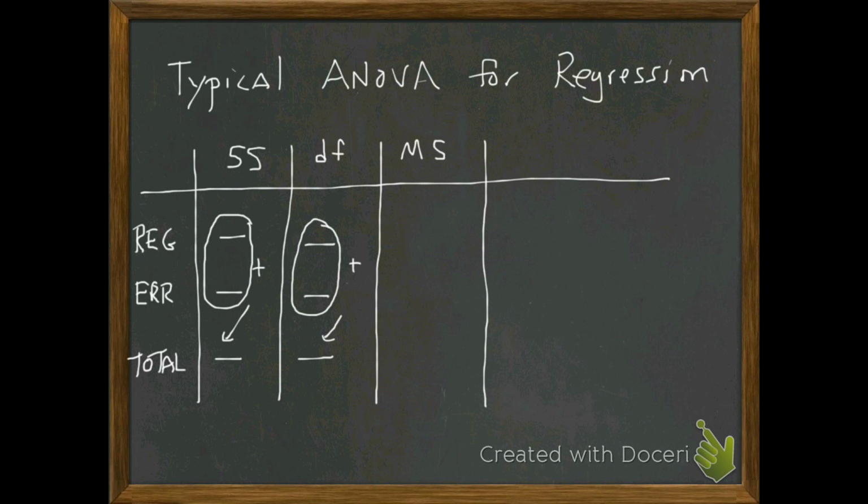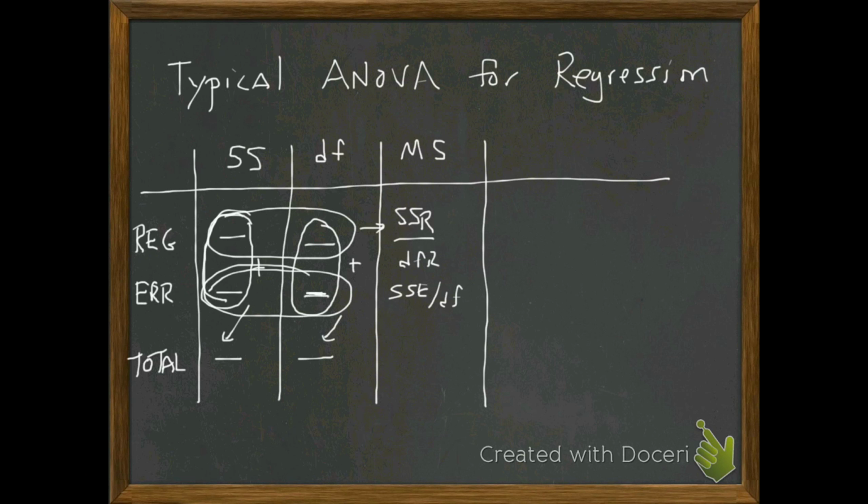The mean square is the sum of squares for the regression divided by the degrees of freedom for the regression. We can take the sum of squares for the error divided by its degrees of freedom, and we'll get our mean square for that term.